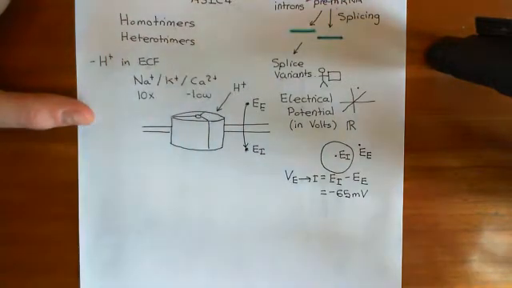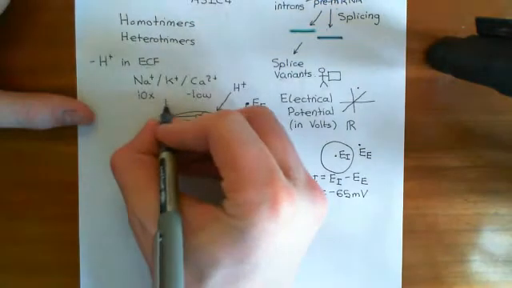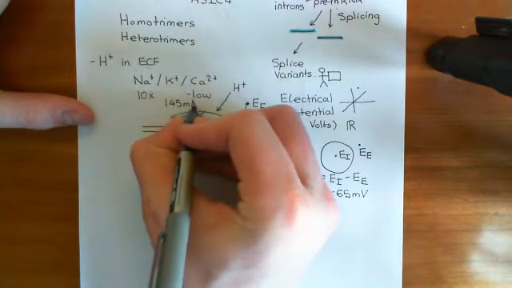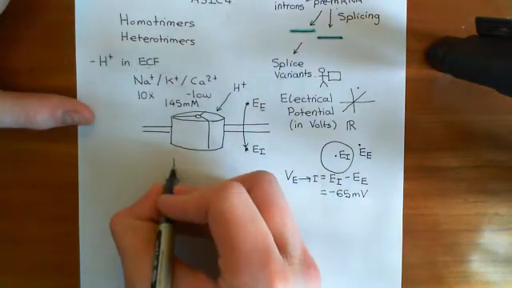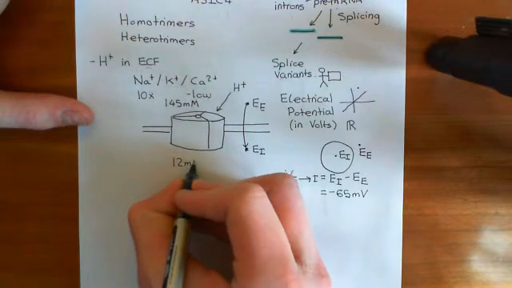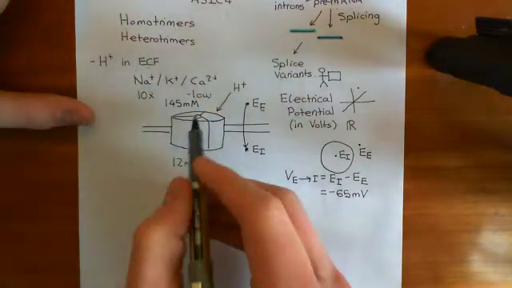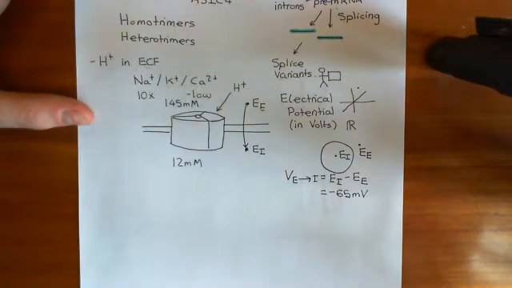So let me give you some data on the concentration gradient of sodium across the cell membrane. Basically, extracellularly you have a concentration of sodium of around 145 millimolar, whilst intracellularly you have a concentration of around 12 millimolar. So you have around a 12-fold concentration gradient.